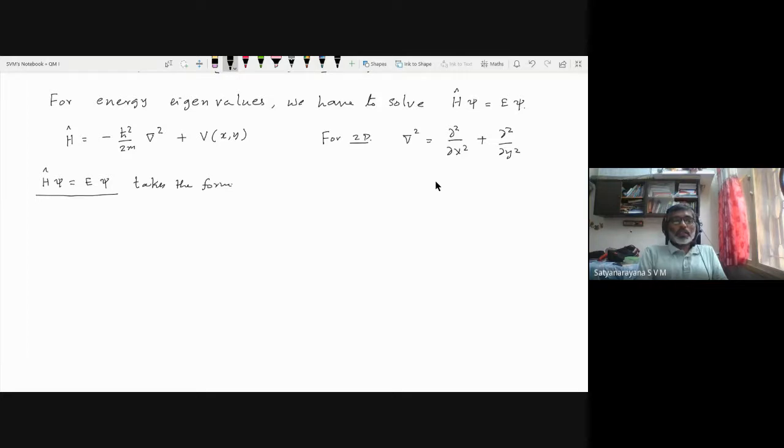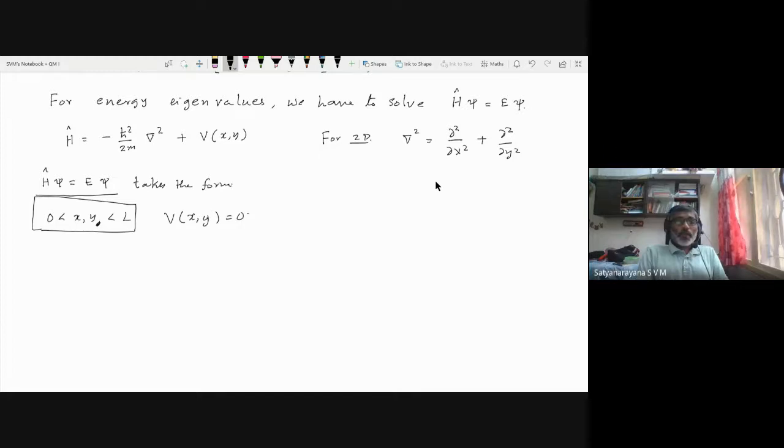We know that in the region of interest, that is for 0 less than x comma y less than L, V of xy is 0.